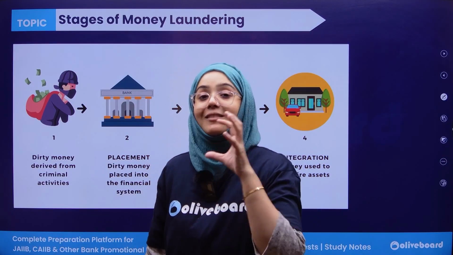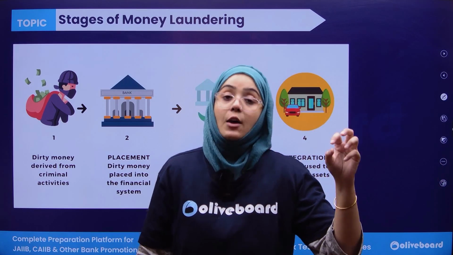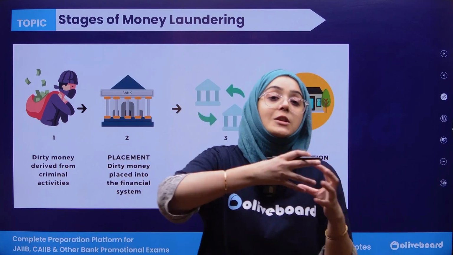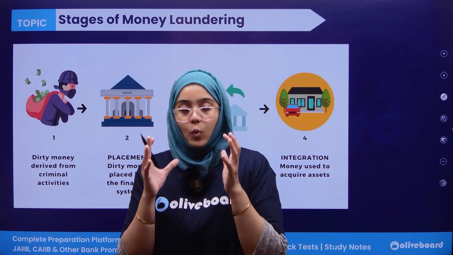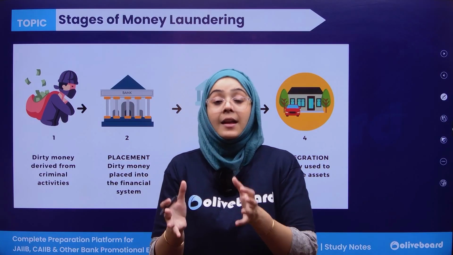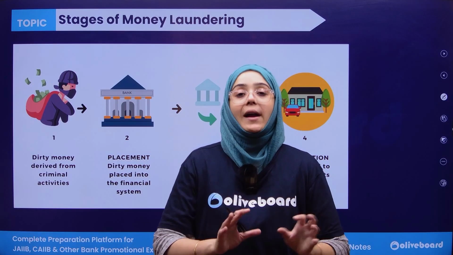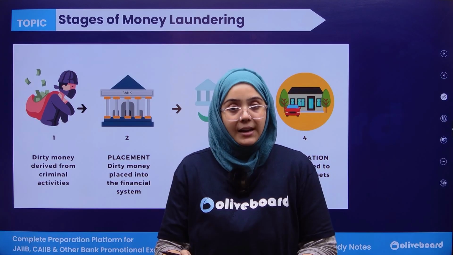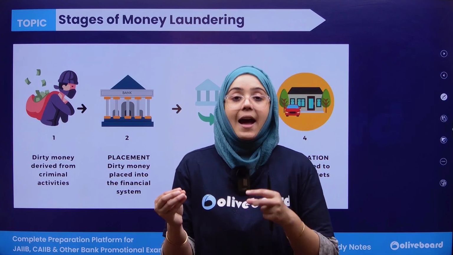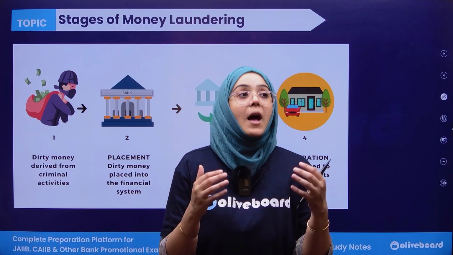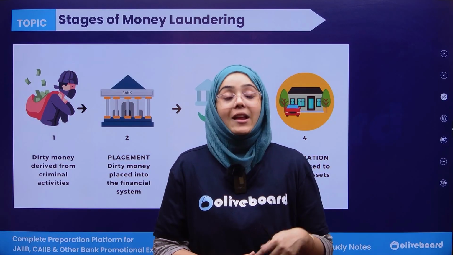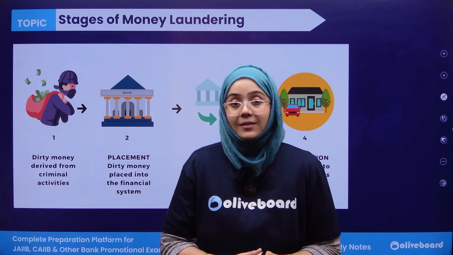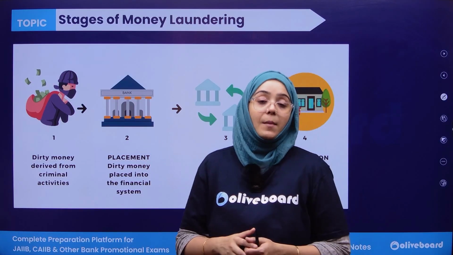We have moved this money to different accounts, now it is all pooled together into one, and this is utilized to acquire some asset. And now the final thing is completed, because this money is actually laundered and used to acquire some legal asset or invest in some legal business. So these are the steps of money laundering.